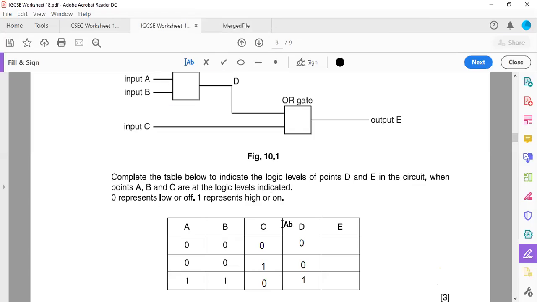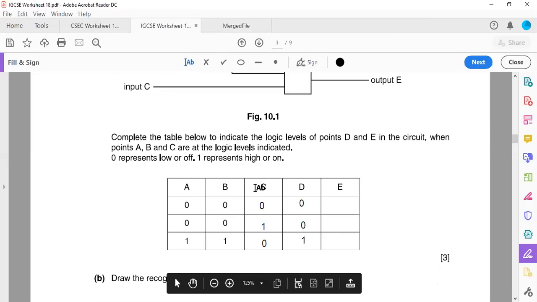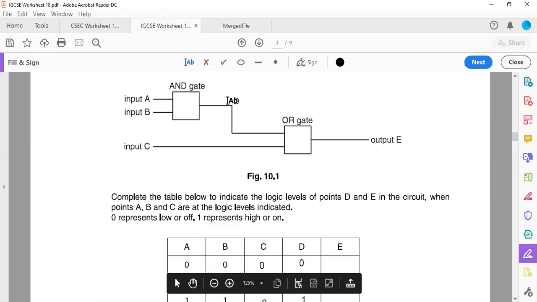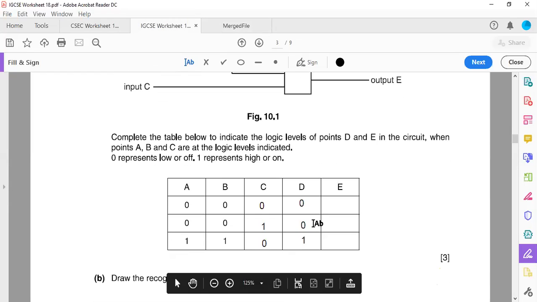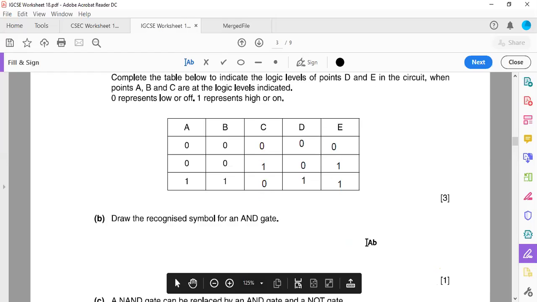That's the OR gate, so we're going back here. Between C and D, you're going to get the output of E here. So between C and D, you're going to have an input of 1 here, 1 here. Everybody else is 0. Good, so that's the output.